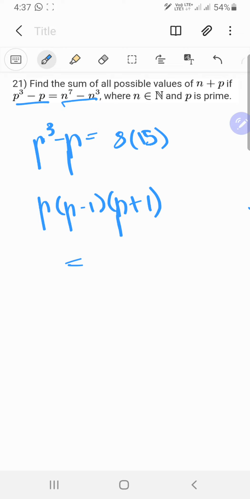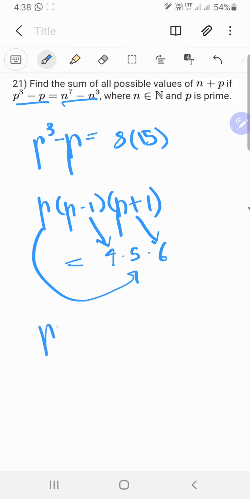And then 8 into 15 can be written as 3 into 5 into 8. That's not quite working. Maybe I can write it as 4 into 5 into 6. So what that means is that p should be 5. This p minus 1 would turn out to be 4, p plus 1 would turn out to be 6. So p equals 5, that's the only solution, and n is equal to 2. So p equals 5 and n equals 2 is the only solution.